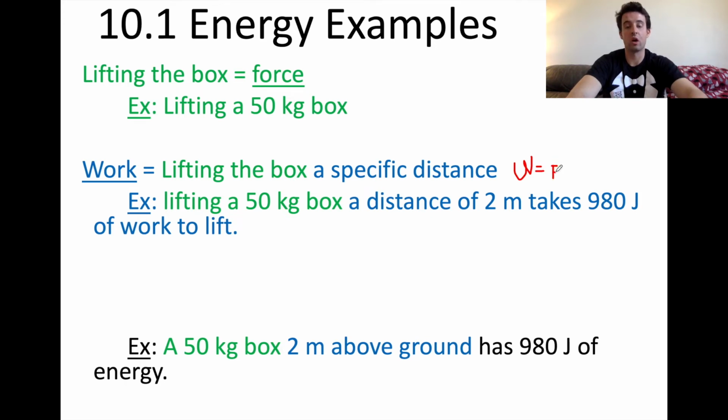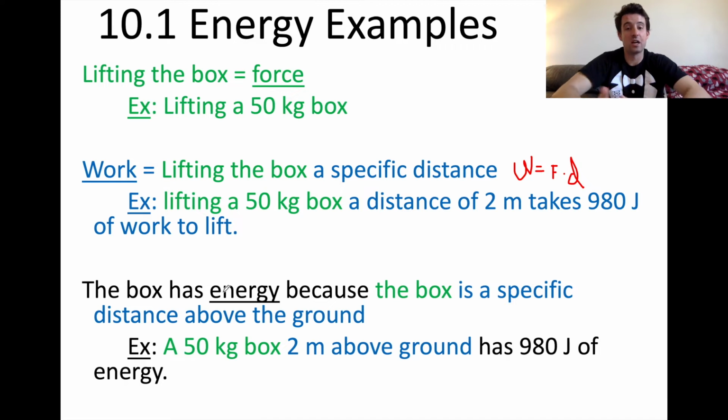So you'd have to figure out how much force is a 50 kilogram box. You can do that by finding its weight, and then you can figure out the distance, multiply those two together, and you've got work. Now, energy is saying that the box has energy because the box is a specific distance above the ground. So work, we had to lift the box, but now the box just has energy because it's above ground. And remember, that's called potential energy.